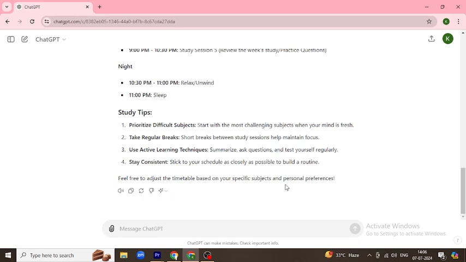All three can be done using ChatGPT, which I'm going to tell you in the next videos. Stay consistent. You should stick to your routine for examination at least. Feel free to adjust the timetable based on your specific subject and personal preferences. Okay, so this is the second prompt, how to study better with ChatGPT.